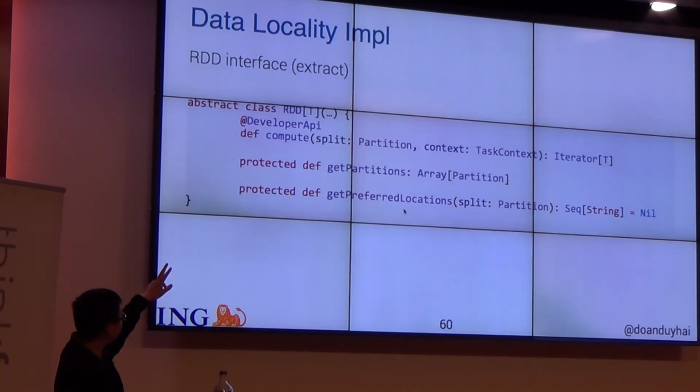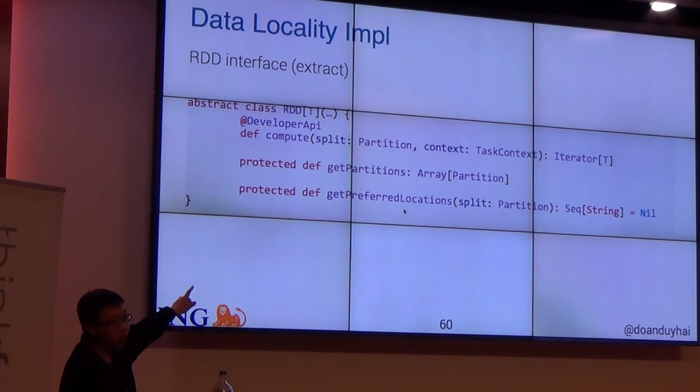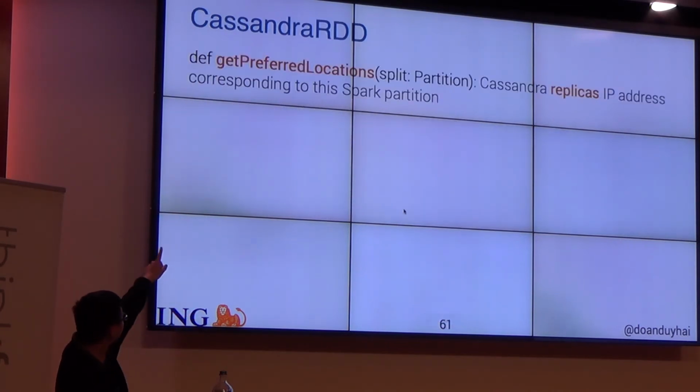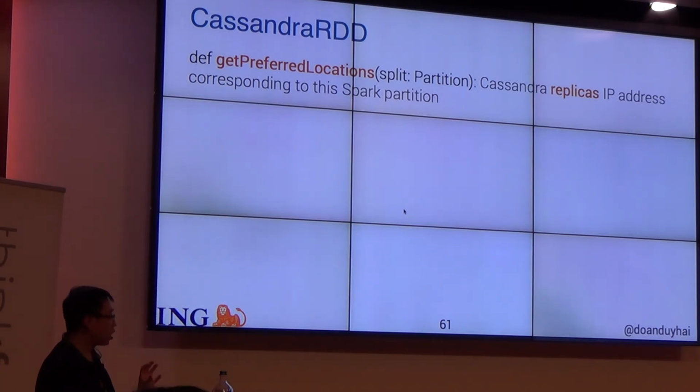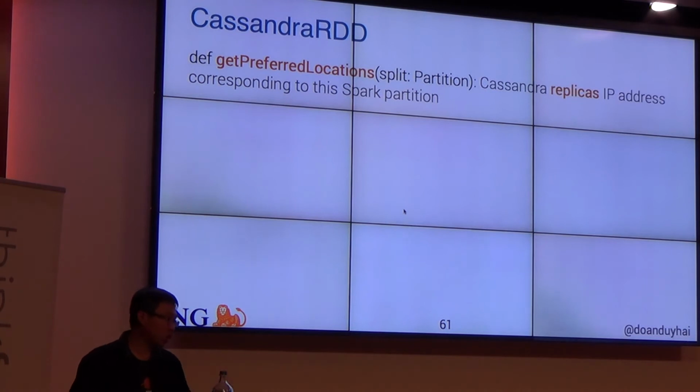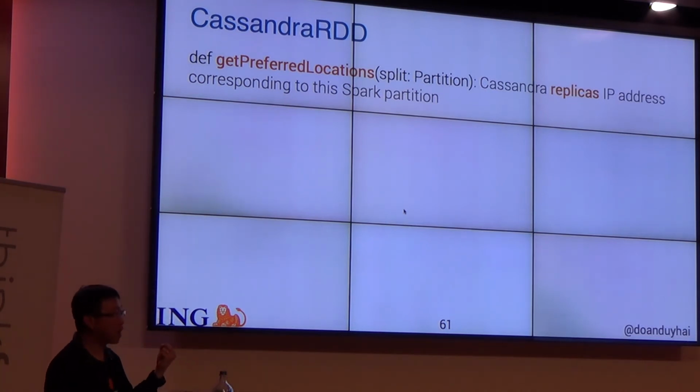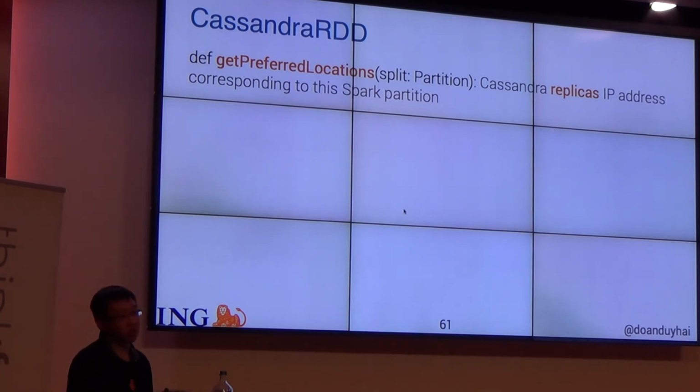Here, this is an extract of the RDD interface. An RDD is just an interface, okay? And people just implement this interface. And in the connector for the Cassandra RDD, we implement this method, get preferred location. So if I give you one Spark partition, please give me back the IP address of all the machines which carry the data for this partition.